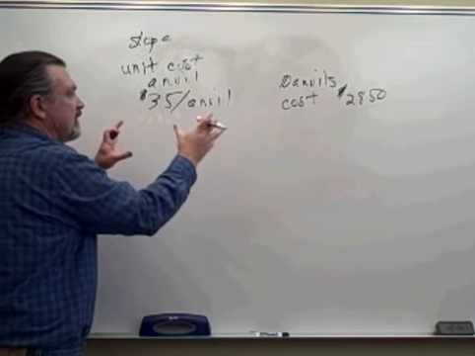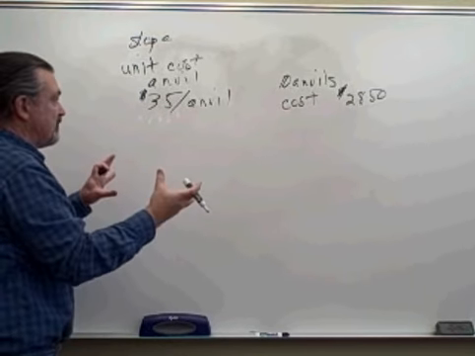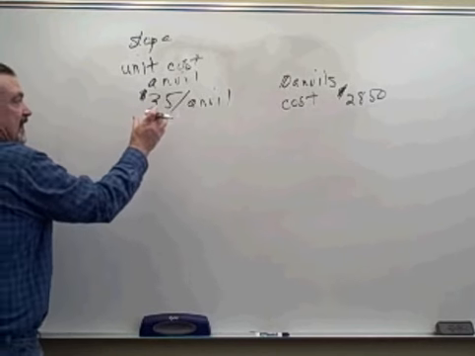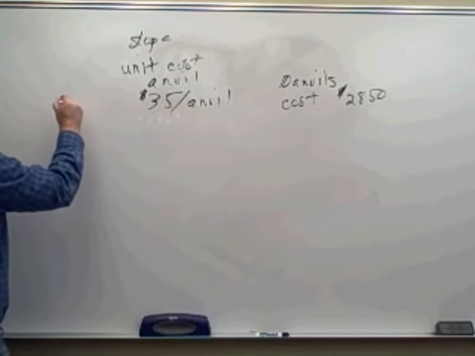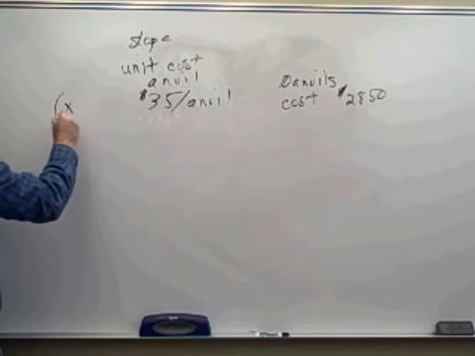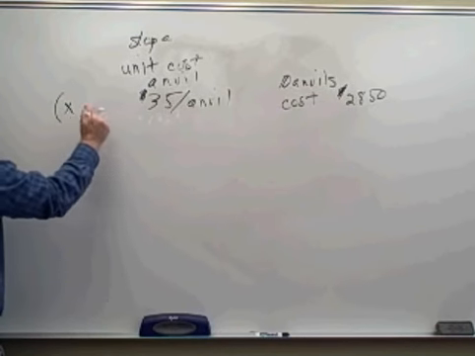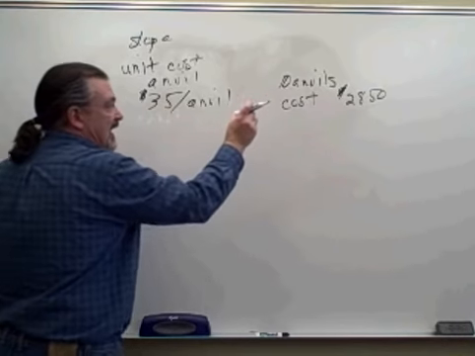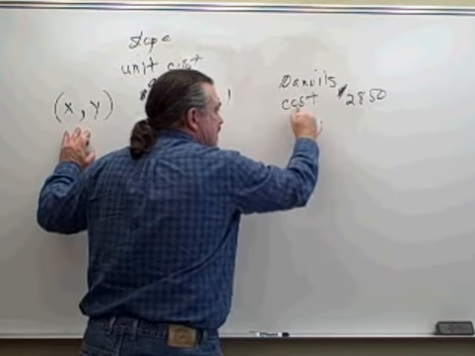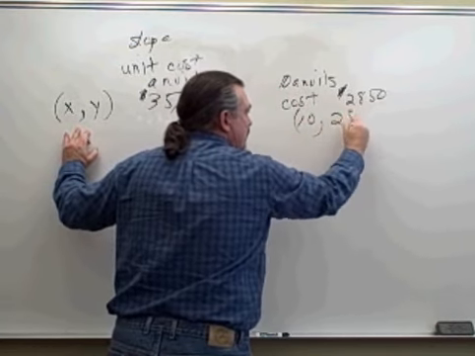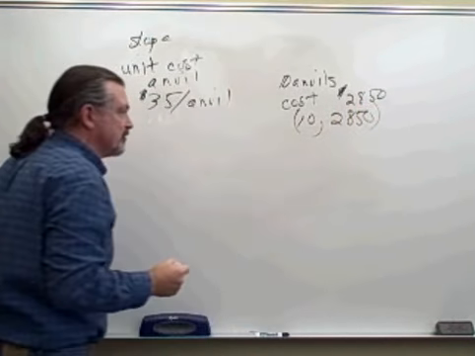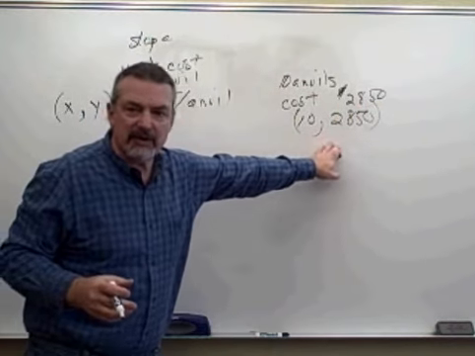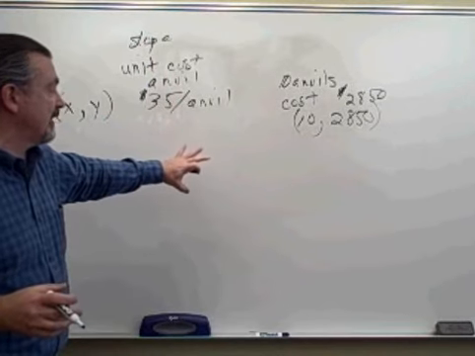If we are relating cost and anvils, and the number of anvils is like the x value, and the cost is the y value, then having 10 anvils that cost us $2,850 to produce, that's as if we were given a point on the line.